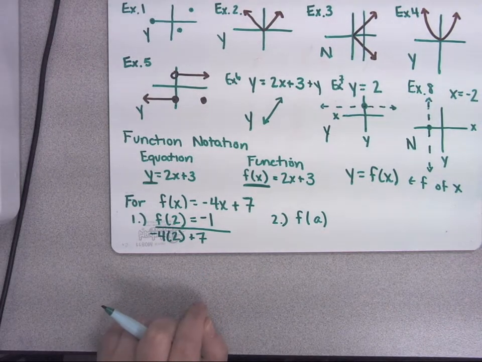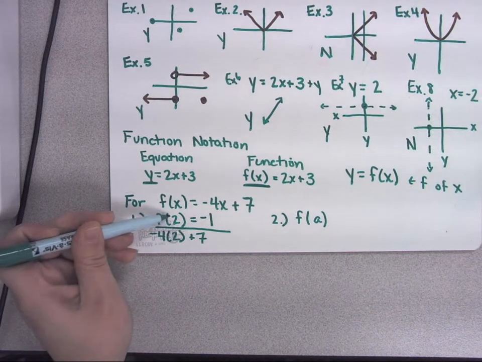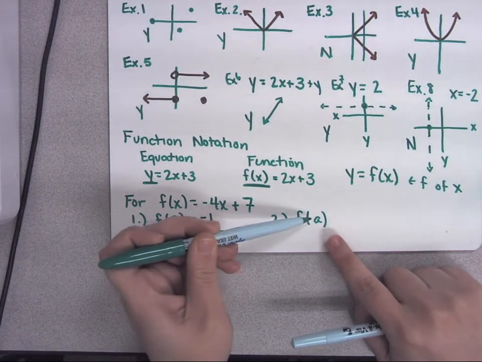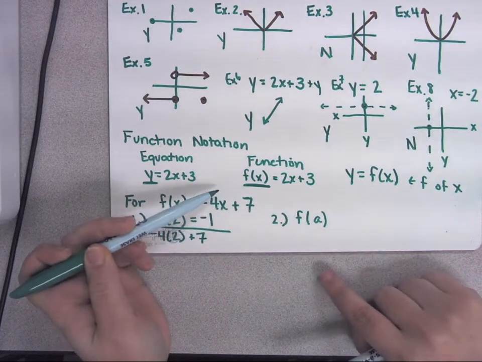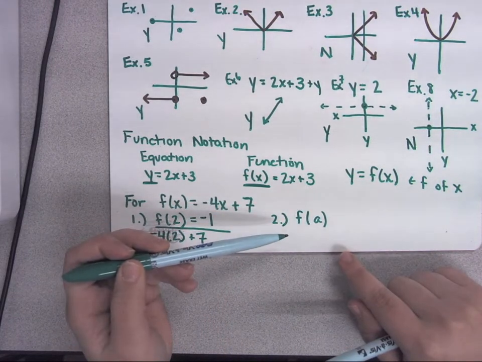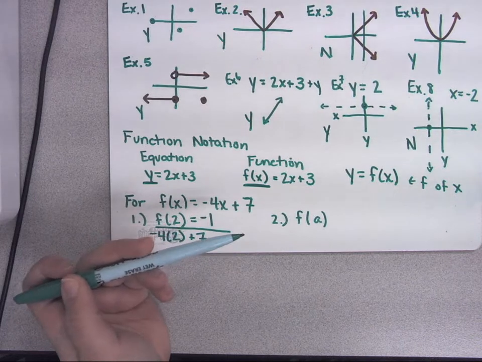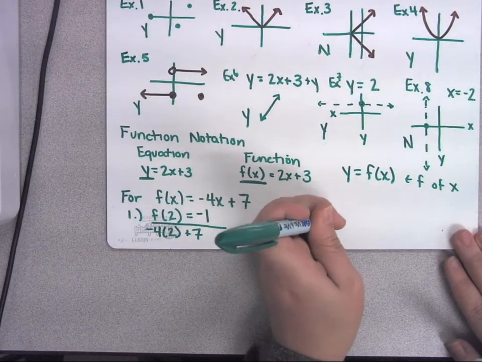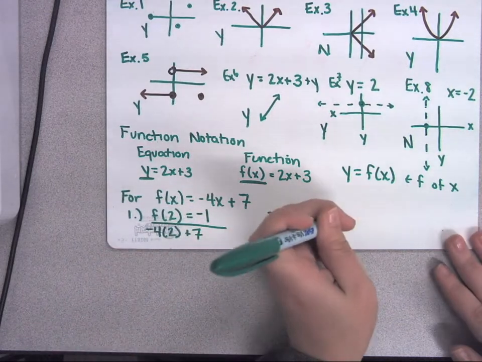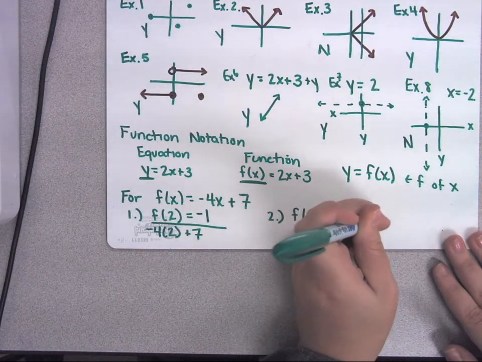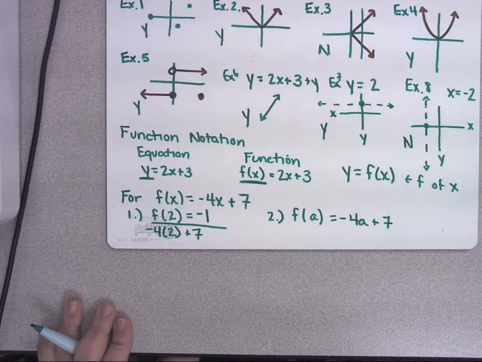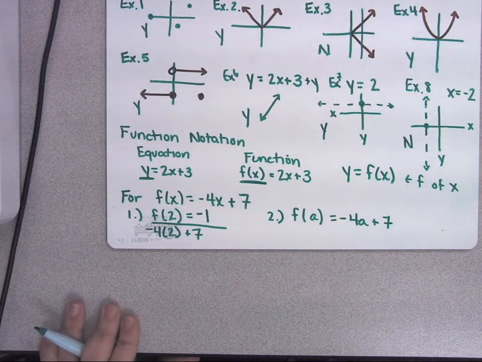What did we do with the 2? Plugged it in. What are we going to do with the a? Plug it in. It's a variable though, right? We can't actually solve things with variables. So when you plug variables in, especially when they're by themselves, you just basically change the variable, and that's going to be your answer. So now it's negative 4a plus 7. There's no math because there was no actual number.